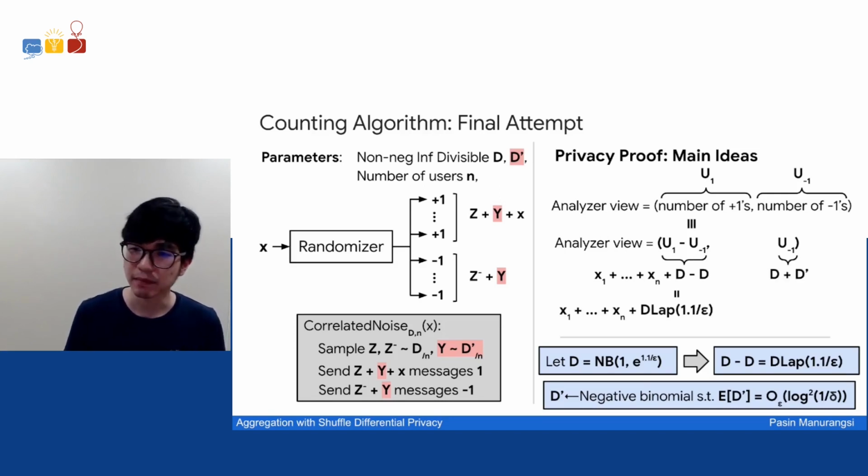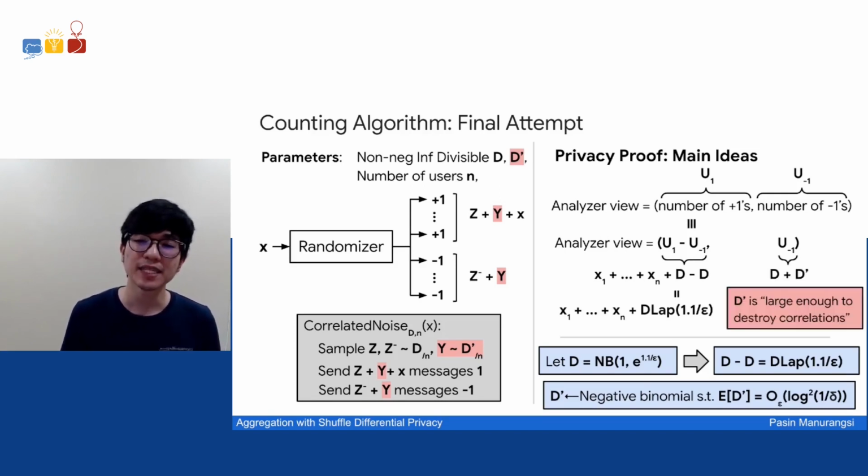How about the second term? Now, this second term is z minus plus y. It has some correlation with the first term, but the y only appears in the second term, not in the first term. And it turns out that if you select the distribution d prime, the one that y is sampled from, to be large enough, then the second term and the first term have sufficiently low correlation.